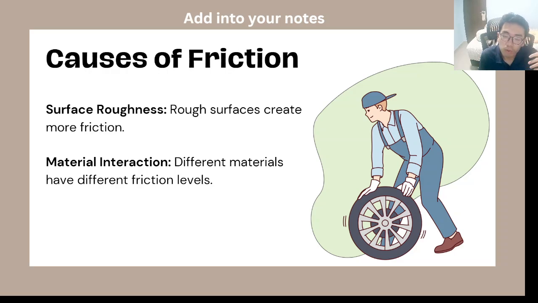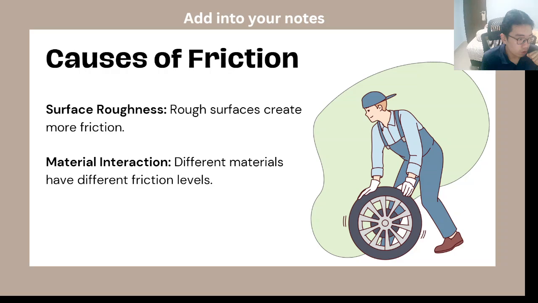Which day will cause you to slip and fall easily? It will be the rainy day, because the rain causes the same flooring to be smoother, and therefore there is less friction.